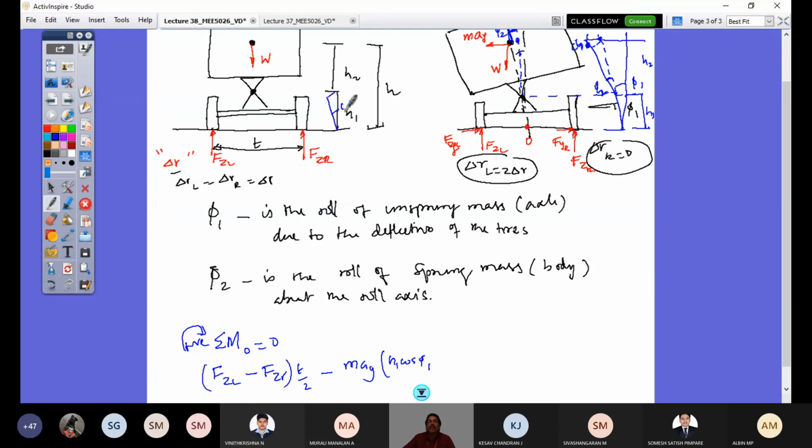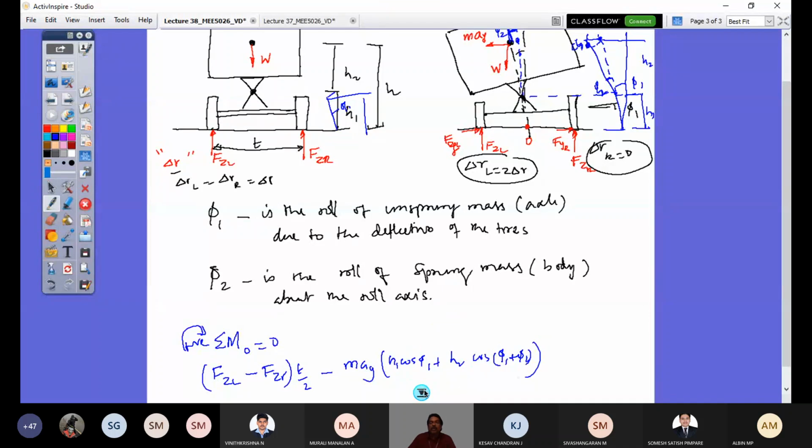So what is this net height now? It's h1 cos phi 1 plus h2. Now this h2 is also further rotated by angle to the vertical, phi 1 plus phi 2, so it is h2 cos of phi 1 plus phi 2. This is the moment arm for that moment.